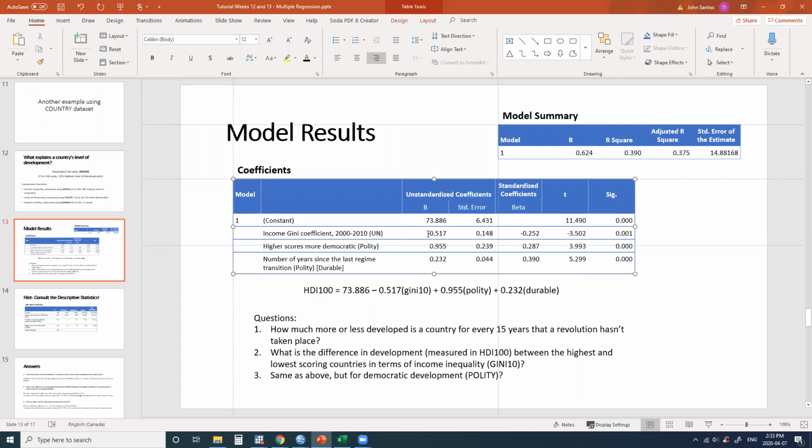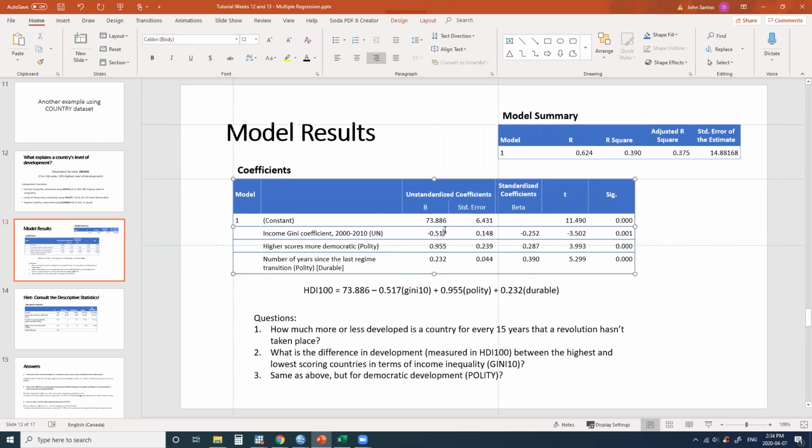So this is the estimate of the average relationship between income inequality and a country's level of development. Some countries are going to be above average, some below average. This is an abstract model. So in theory, if we made this four-dimensional scatter plot, no country would be exactly on each of these lines that we would plot.